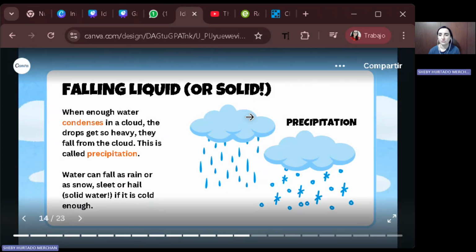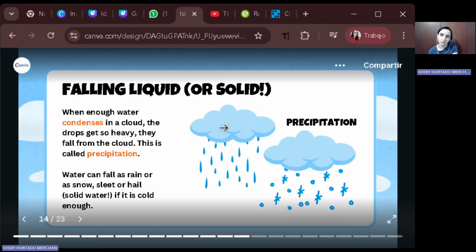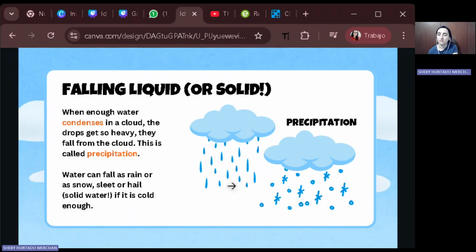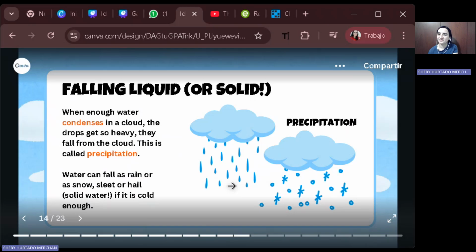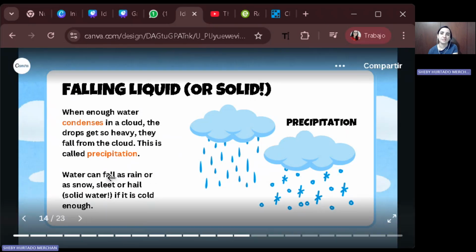Falling liquid or solid. When enough water condenses in a cloud, the drops get so heavy they fall from the cloud. This is called precipitation. Water falls as rain or as snow, sleet or hail, if it is cold enough.